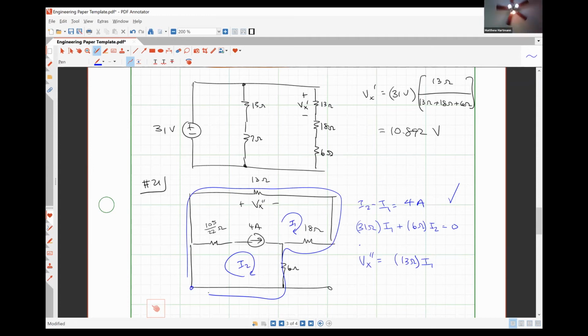So I made a dumb mistake when I solved this originally because I don't see any error with how I'm doing it right now. Then again, I didn't see any error with how I was doing it then, so we'll see. Yeah, the current I1 is flowing into the positive polarity terminal, so it should be positive 13 times I1.